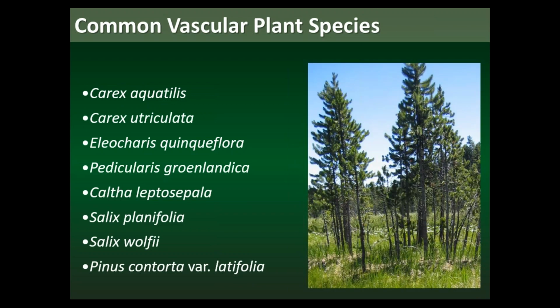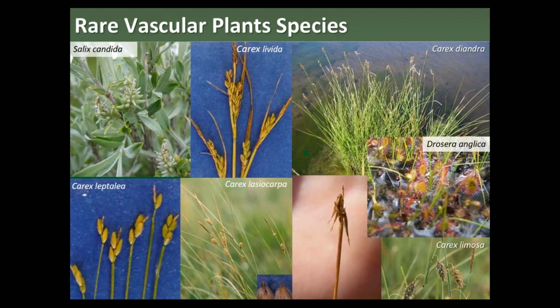And interestingly, Pinus contorta, lodgepole pine, can occur on hummocks in fens. But there's also a variety of rare vascular plant species that occur in Colorado fens, including many that are common in the far northern latitudes but occur as disjunct populations this far south. Many sedges and willows, and also sundews.